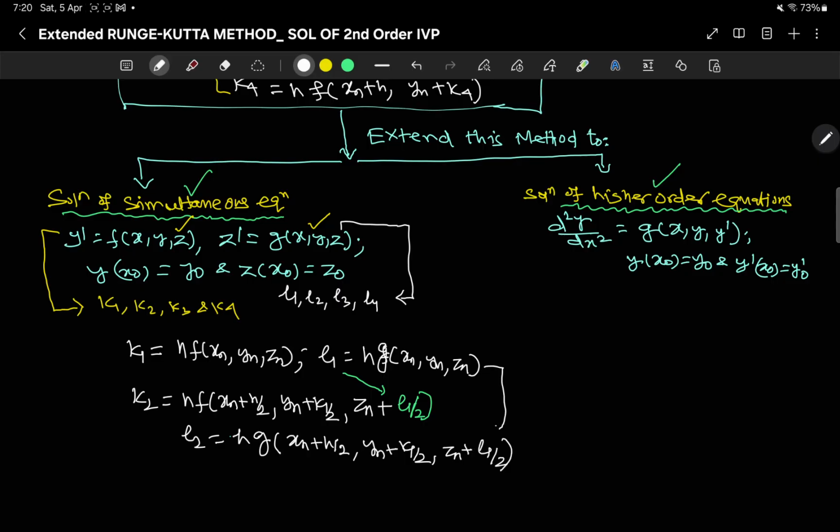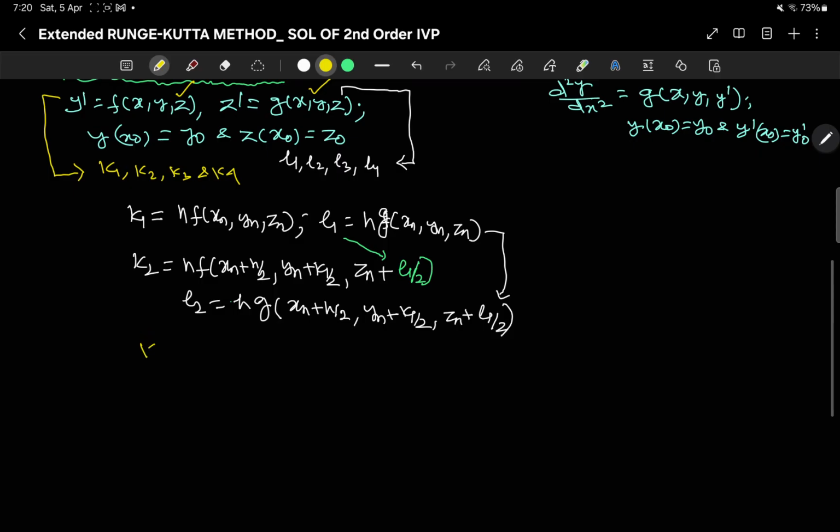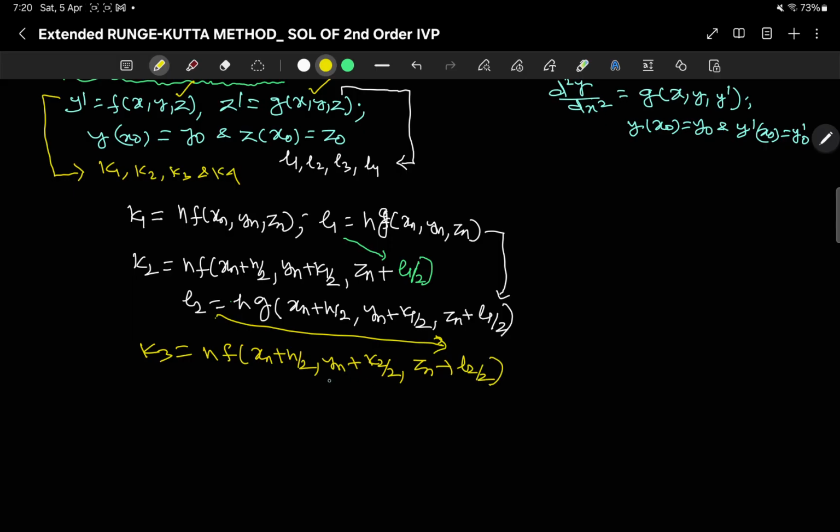So L1 is here. Then you find K3 = h f(xn + h/2, yn + k2/2, zn + L2/2), and at the same time you compute L3.